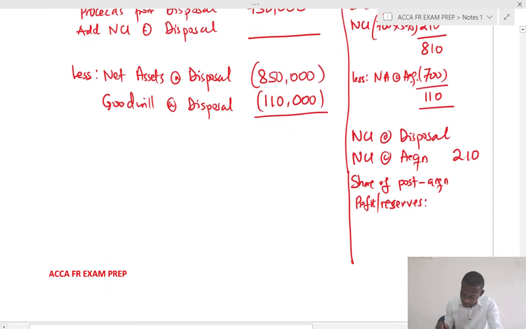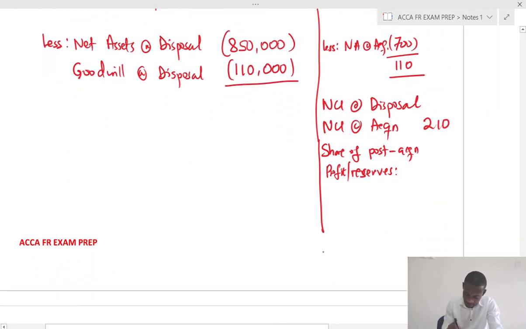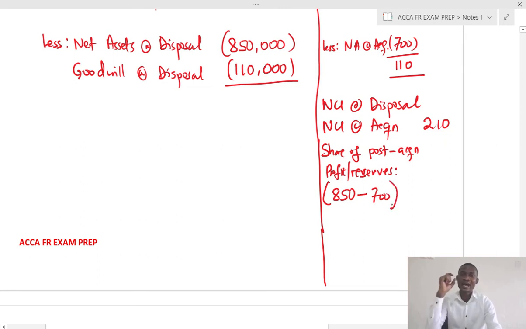And the reserves would be a simple calculation: the net asset at disposal, 850, less the net asset at acquisition, 700, gives us the post acquisition profits and reserves.